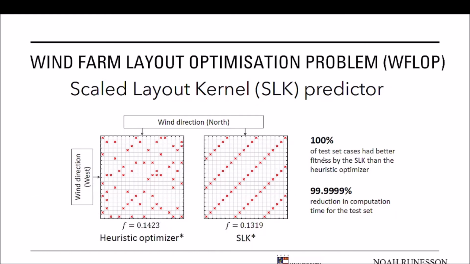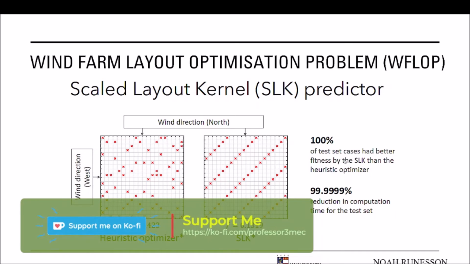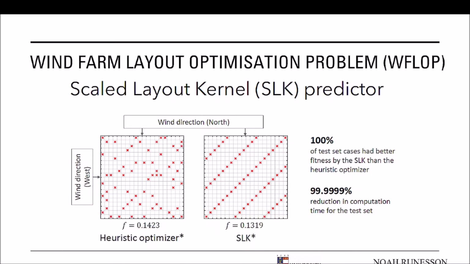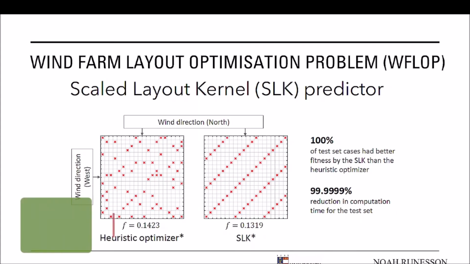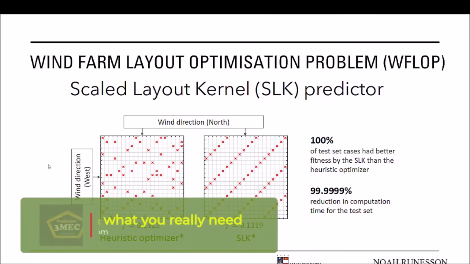Our SLK had better fitness than the heuristic optimizer. So the results are very good, and obviously the computational time is very small compared to the traditional heuristic optimizer. Again, this work was done by one of my MSc renewable energy students, Noah Renessen, and he did a remarkable job in this as well.